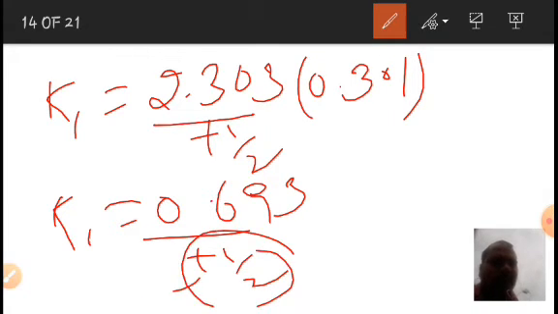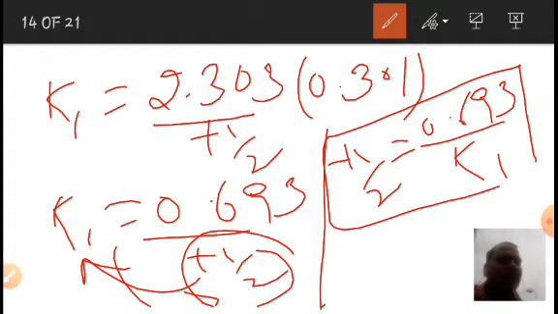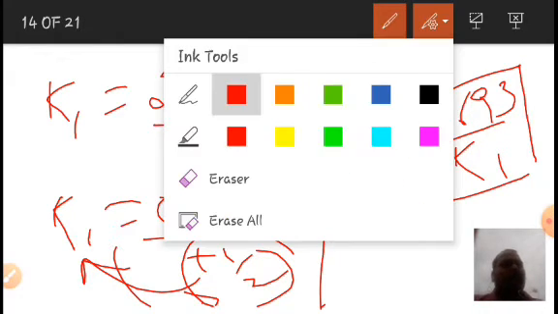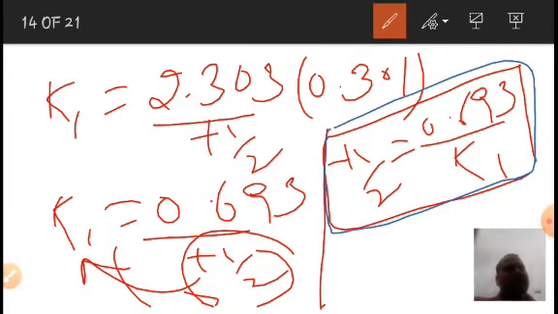So I want t half, then t half is equal to 0.693 by k1. This equation represents the half-life for first order reactions. t half is equal to 0.693 by k1.